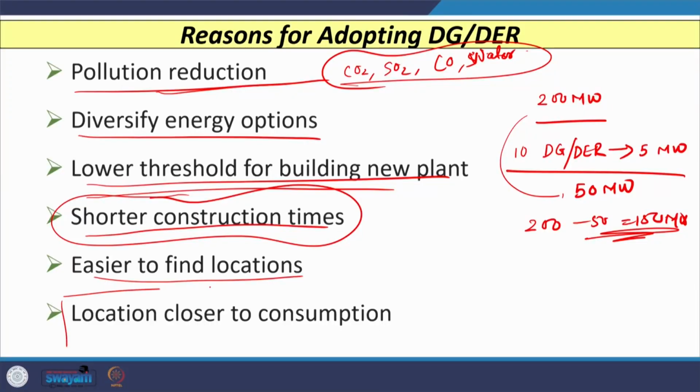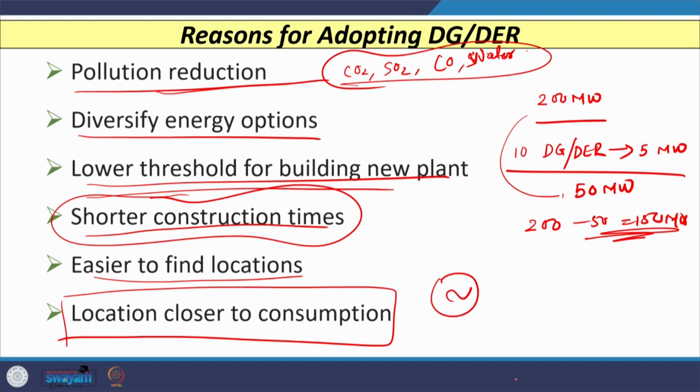And the most important point is that we can connect the DG or distributed energy resources particularly at a location where our loads are situated. Let us say my big generating power plant is here, and then I have a long transmission line and my loads are situated here.